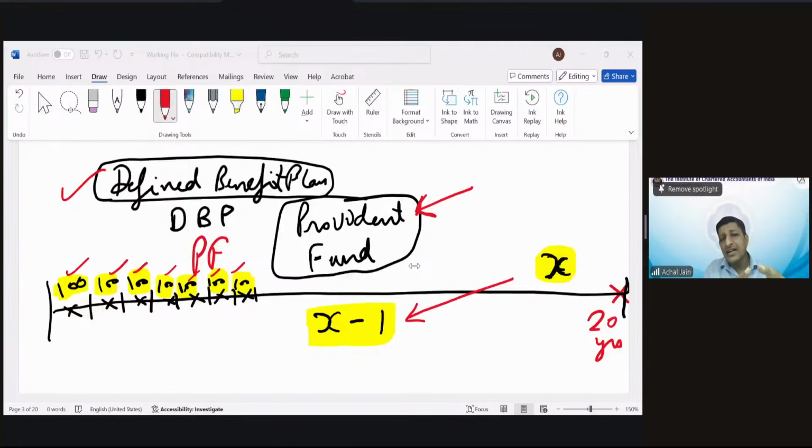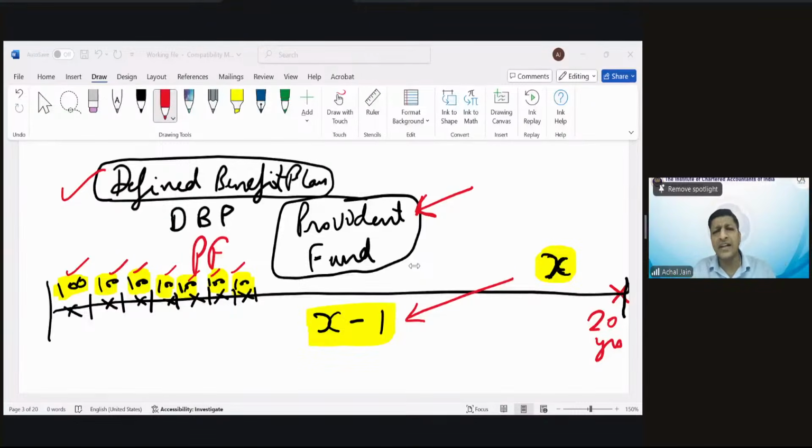If we understand that these many days will be availed by 5 employees, we'll multiply that with 5. If that is available only to one employee, we'll multiply with 1. If that is available to 100 employees, you will multiply with 100. Yes or no? This is what you will do. So that's why I'm saying you need to be conceptually clear on the accounting treatment of each and every type of employee benefit.